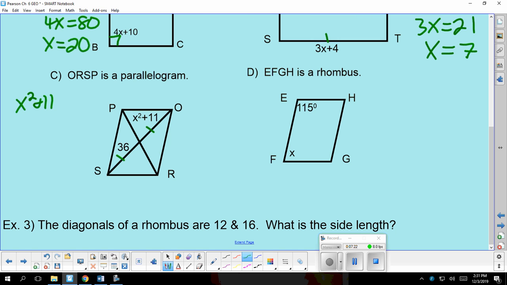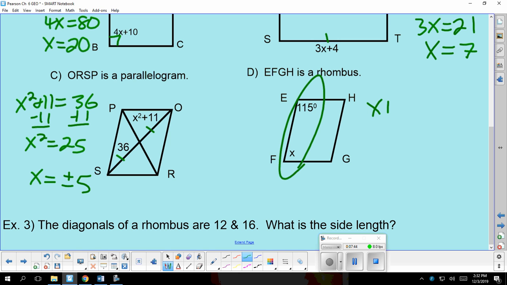So x squared plus 11 equals 36. Subtract 11. x squared equals 25. x equals positive or negative 5. The negative solution also works there. And then consecutive angles are supplementary. So x equals 65.